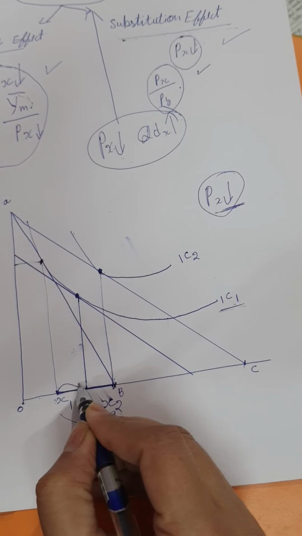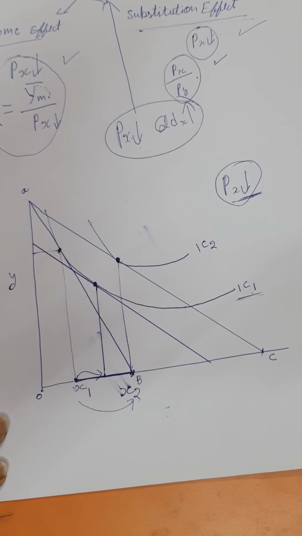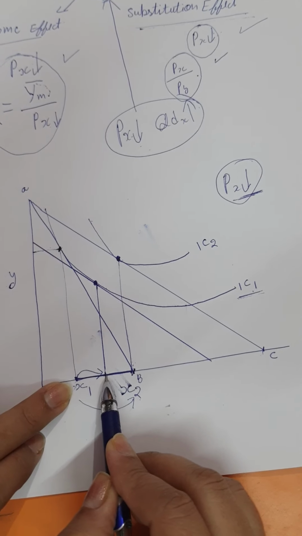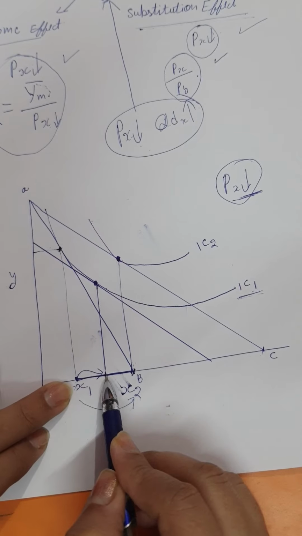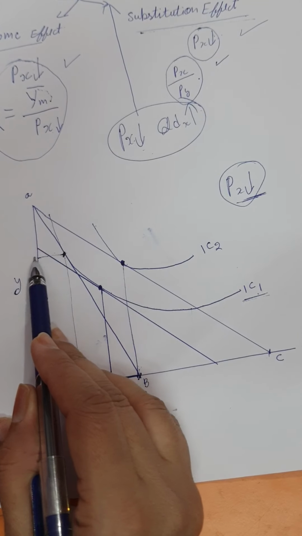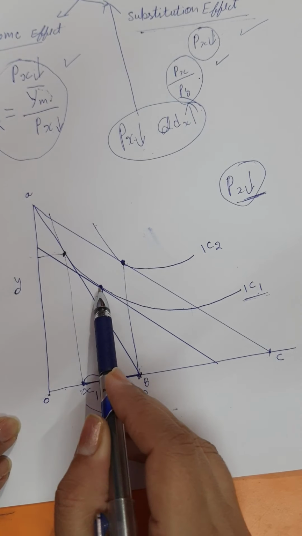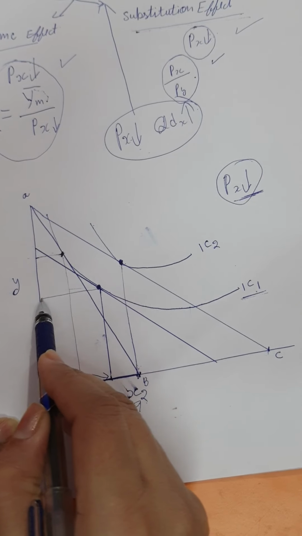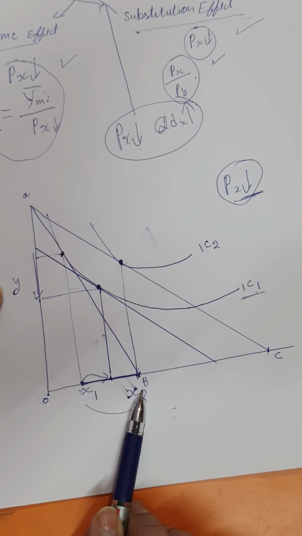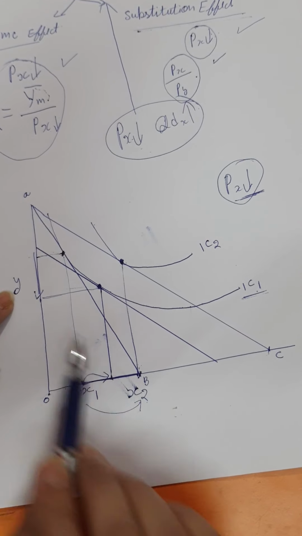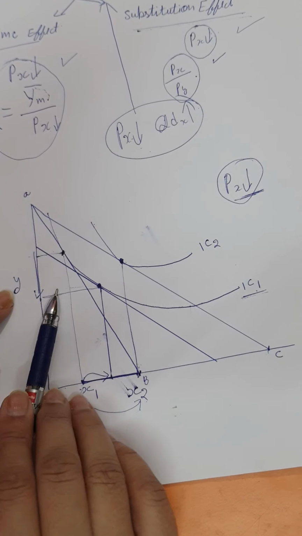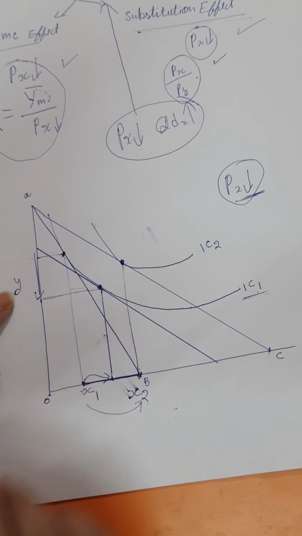this increase in consumption of x, you can see here, and it happened due to a new price ratio a consumer is facing, though his purchasing power is same. So you can see that earlier he was consuming this much of y, but now consumption of y also decreased, and now he is consuming lesser y. So he has substituted y with x because x is cheaper now than y, and his satisfaction level is still same.